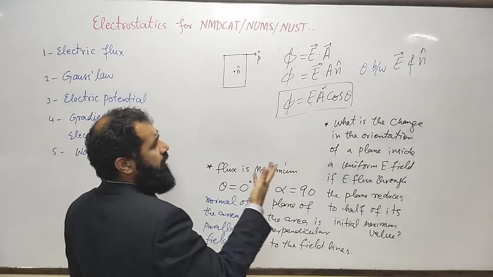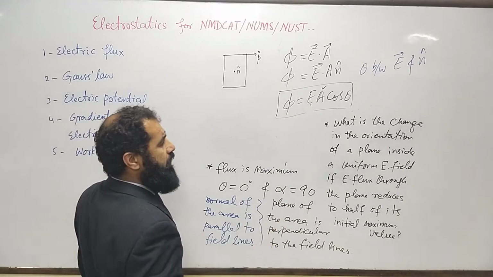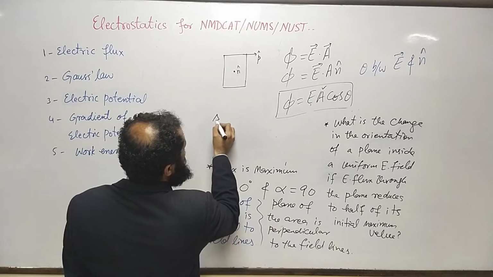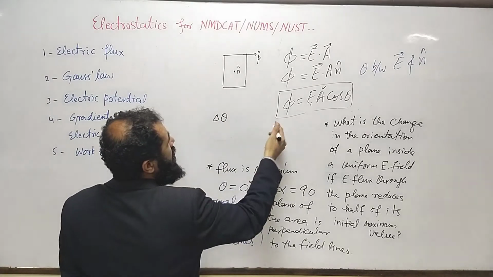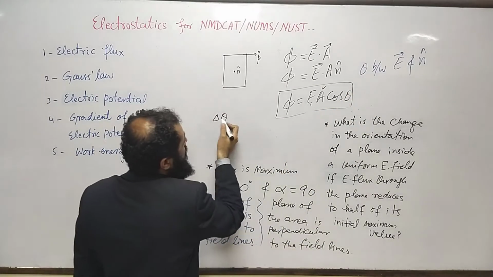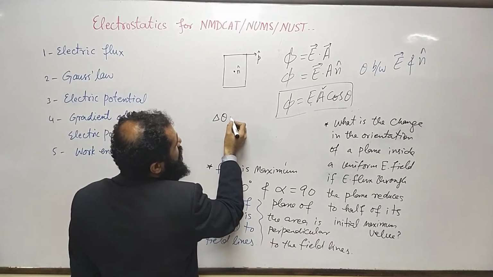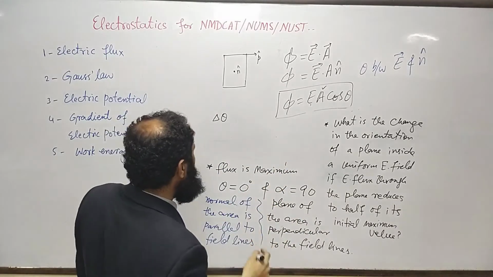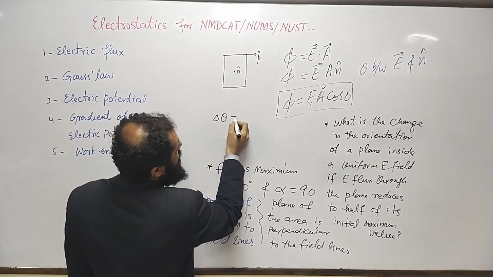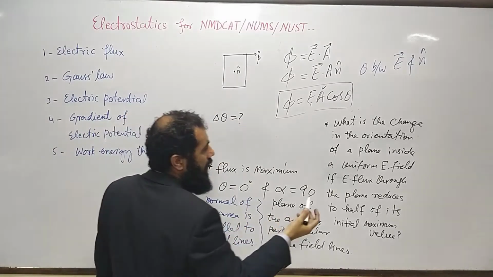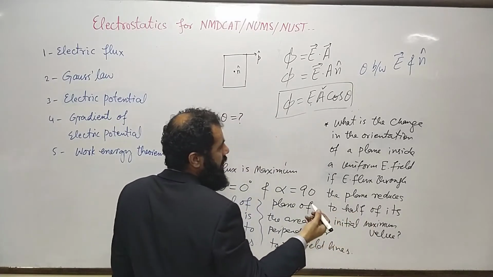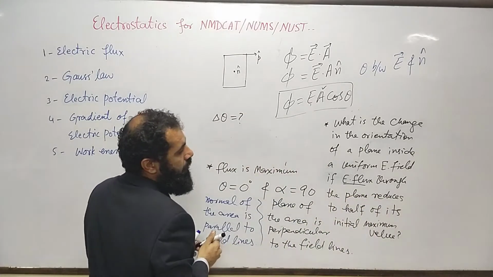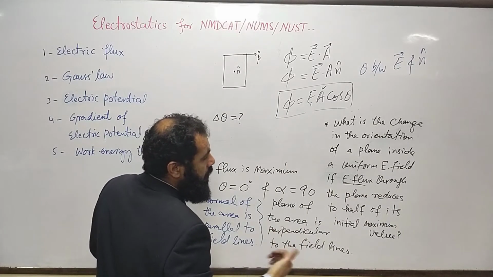So here they ask, what is the change in the orientation of a plane inside a uniform electric field? Let me use this formula, and delta theta is the change in the angle of that plane to the field lines. They ask about delta theta. What is given is that electric flux through the plane reduces to half of its initial maximum value.